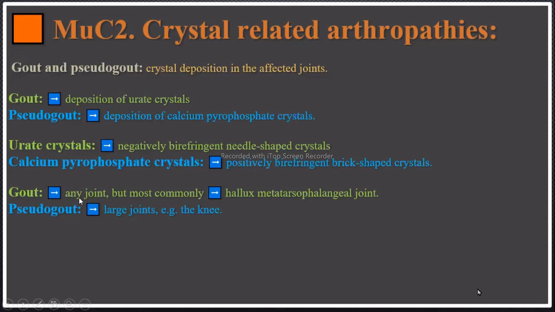Regarding gout, it can happen in any joint, but most commonly, first, the big toe. Pseudogout is in large joints, like the knee. So if they mention knee and swelling, think about pseudogout. If they mention the big toe, think about gout.